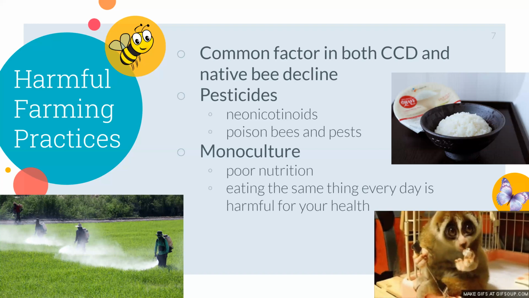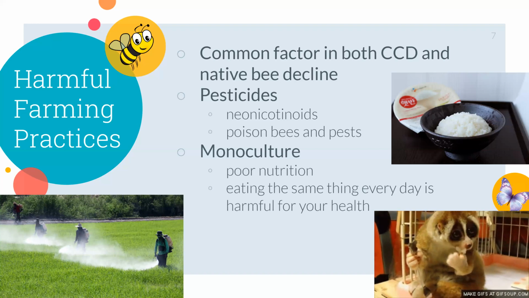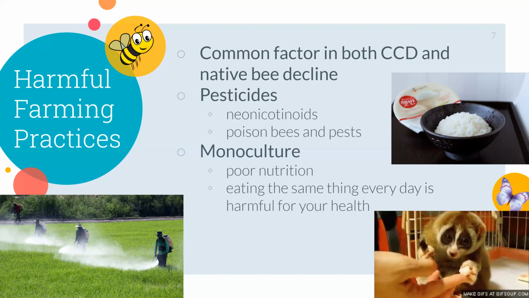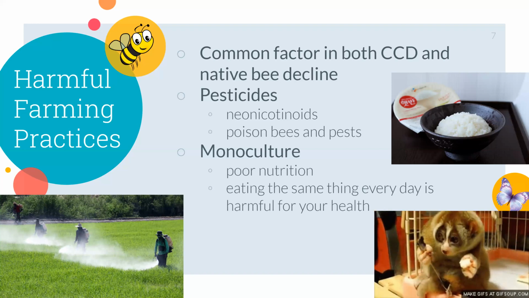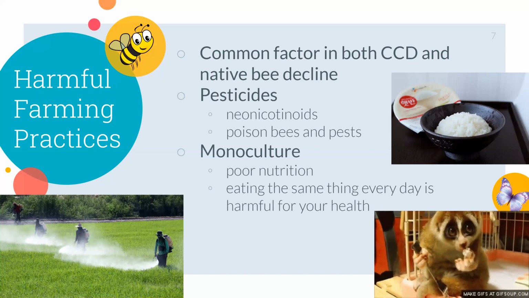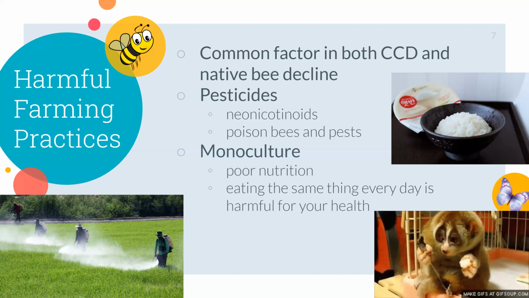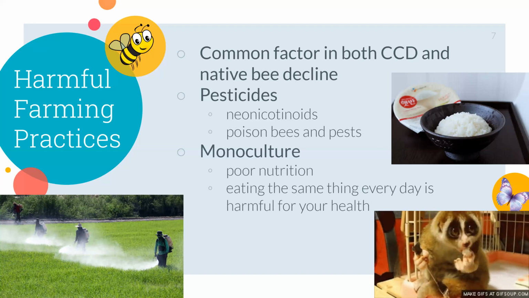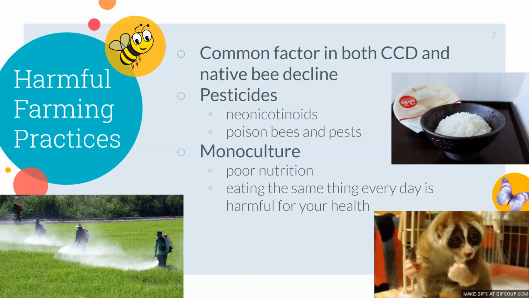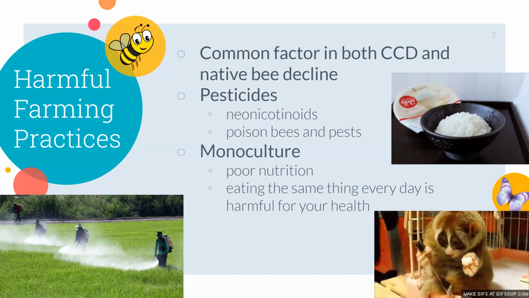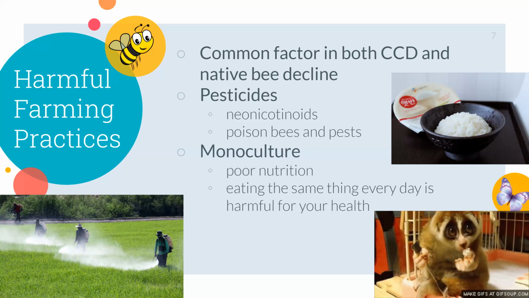This might not sound like too much of a problem, but actually eating the same thing every day is very harmful for bees. It's like if you ate rice every day. It's healthy in small doses, but not if you only ate rice every single day for the rest of your life. So that means bees are not getting certain nutrients that they need from that one plant. Next slide, please.